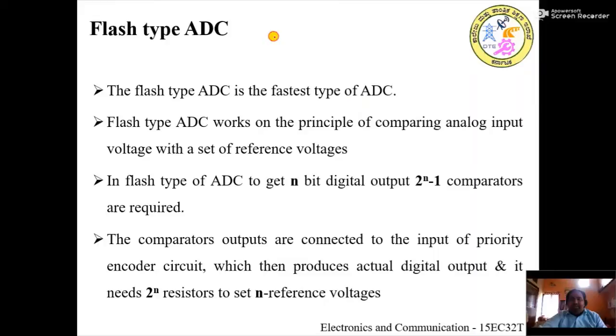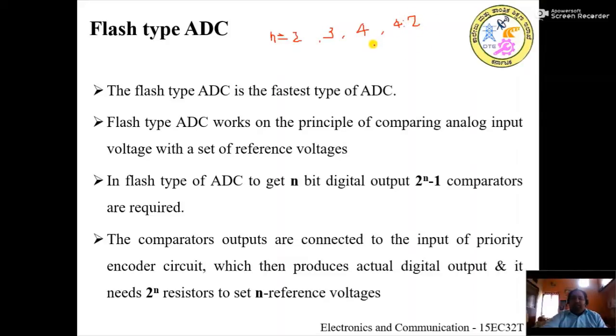If you substitute n equal to 2, then 2 to the power of 2 minus 1 means I expect 3 comparators, 4 resistors in the resistor divider network, and a 4:2 priority encoder.